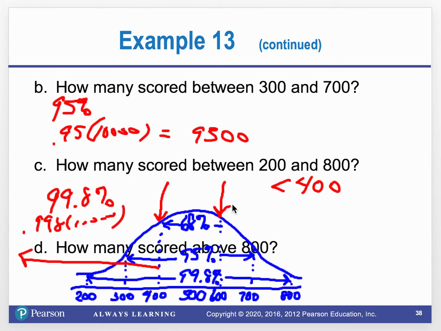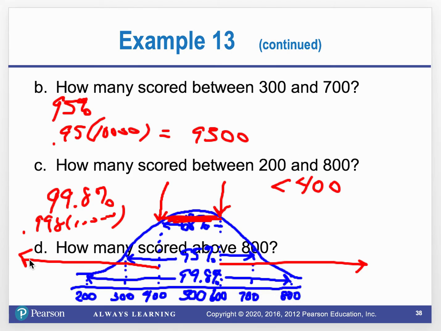If this much is 68% and the entire graph is 100%, that means the rest of this graph, besides right here, 68%, so this and this has to be 32% to make an entire 100% of the students.